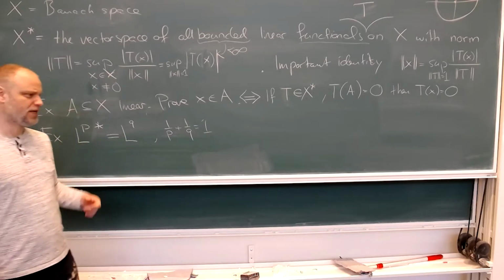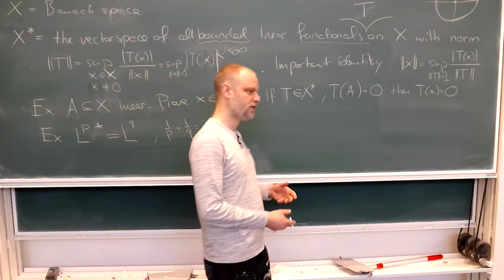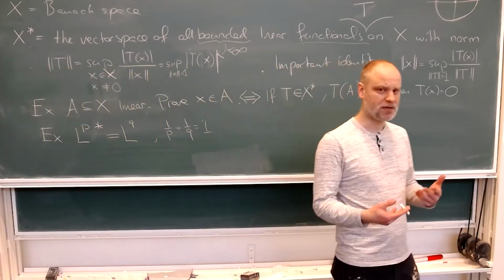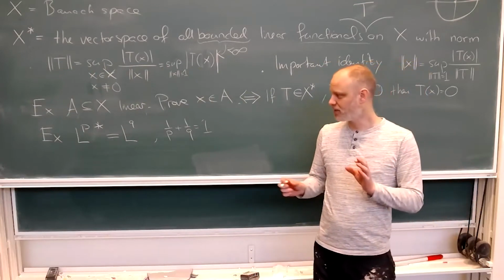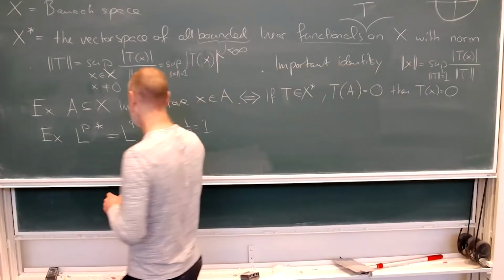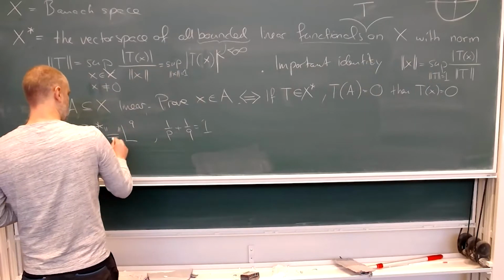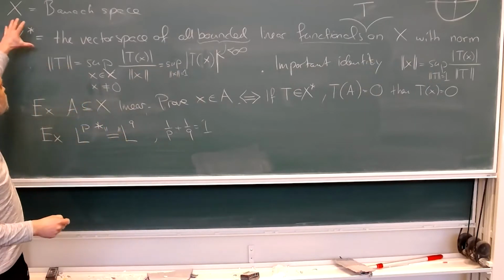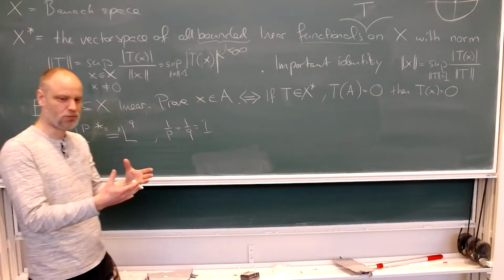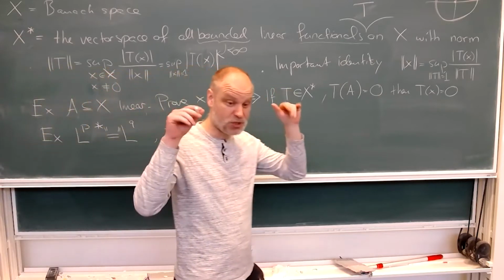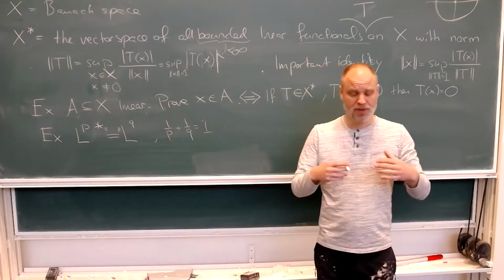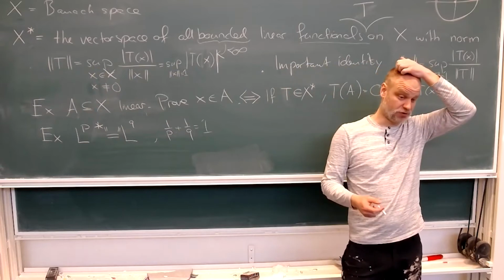What does this mean? L^q is a function. It's not a linear functional. Okay, so this is, let me put this in quotation marks. So anytime we have an identification of the dual, there's also a formula for how the dual space, in this case L^q, acts as a linear functional.